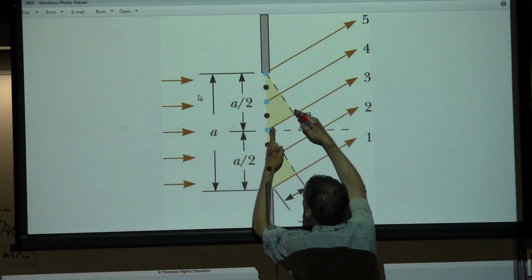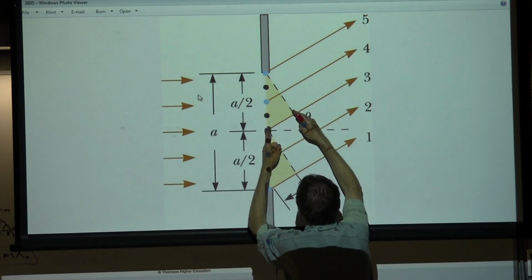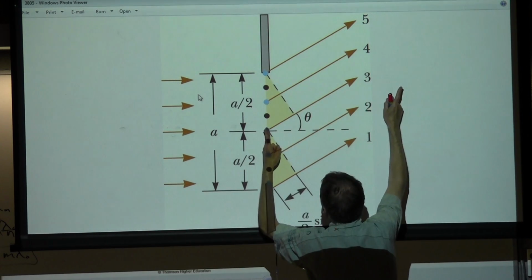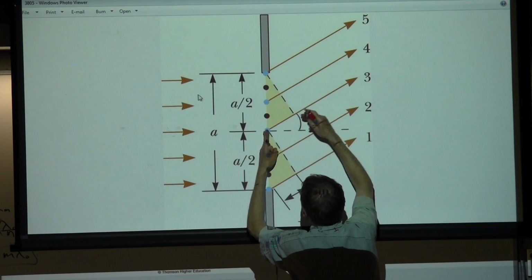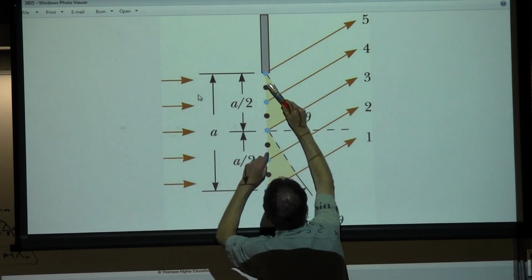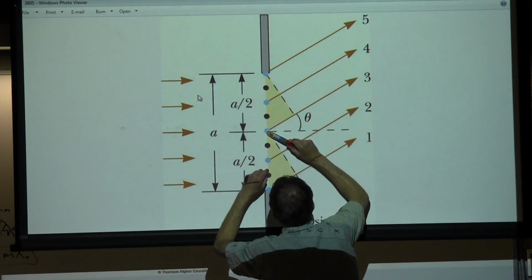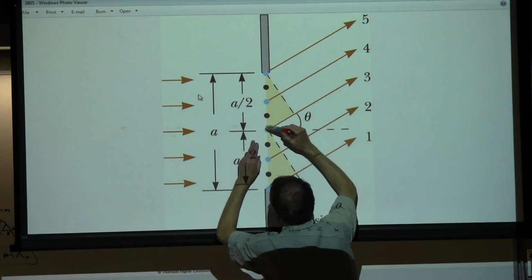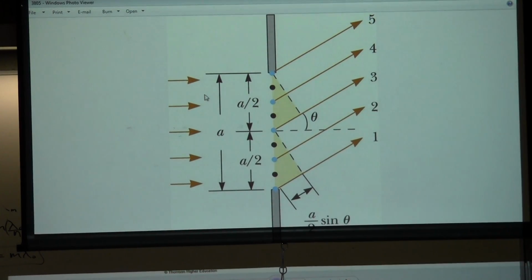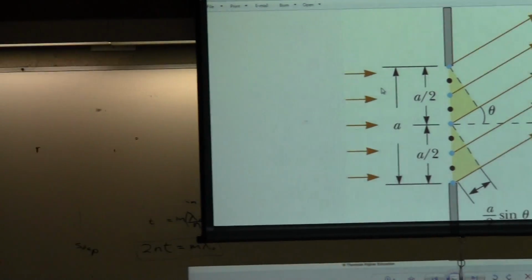Now, if we get a half a wave in here, half a wave will give us destructive interference between these two sources. So let me just indicate that, that's going to be this.